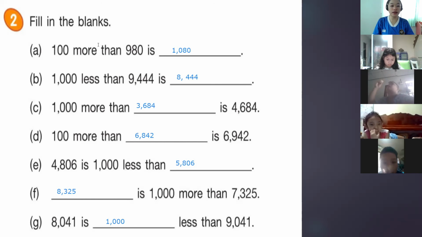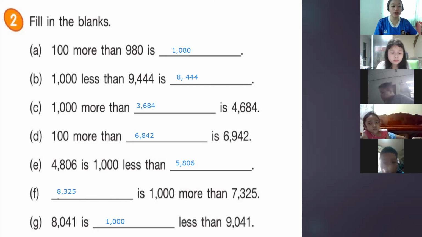Okay, so A, 1,080. B, 8,444. C, 3,684. D, 6,842. And letter E, 5,806.